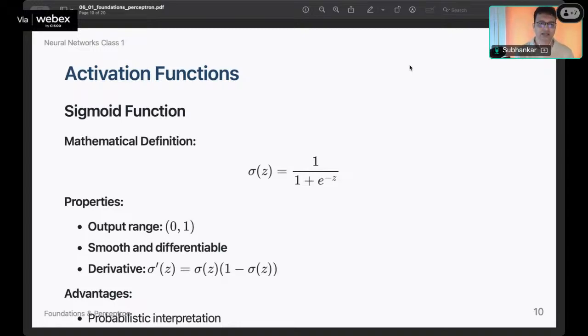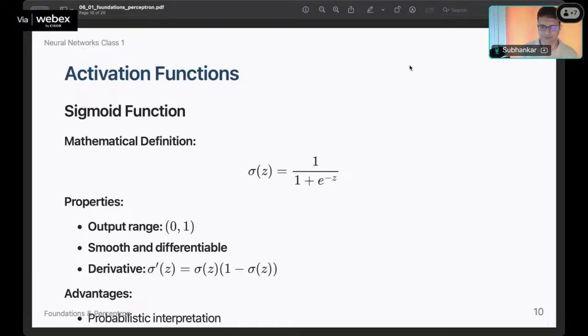Because sigma of z will be very close to 1, let's say 0.99999. The gradient is basically that multiplied by 1 minus that. So it will be 0.99999 multiplied by 1 minus 0.99999, which is basically 0.0000. So eventually the multiplication of these two values becomes very small.